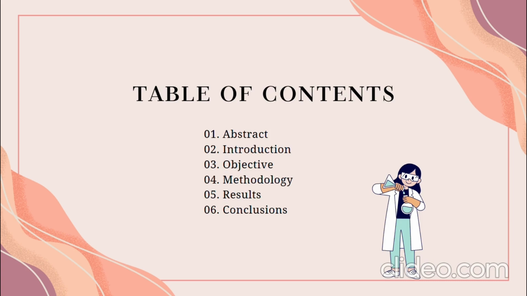What we sought to achieve by connecting redox chemistry with the history of pigments. 4. Methodology. How the project is carried out through theory and experimentation. 5. Results. Findings from the project. And 6. Conclusions. Key lessons and final reflections.